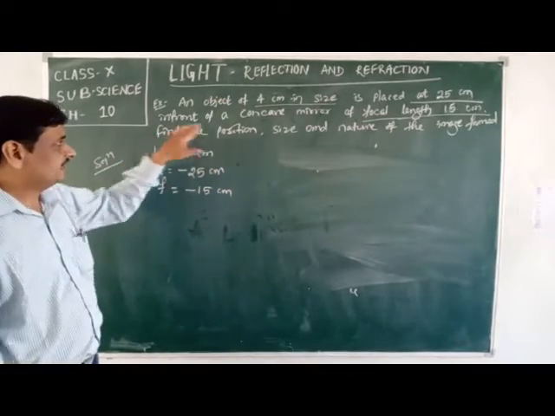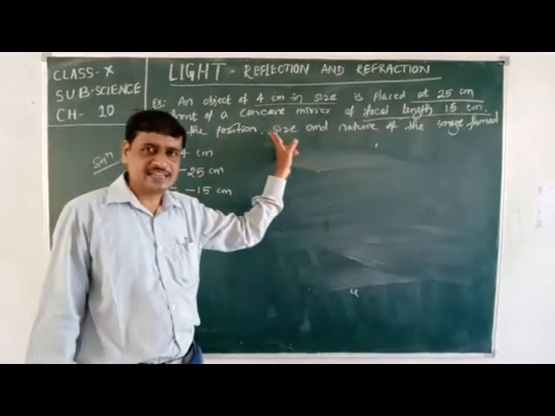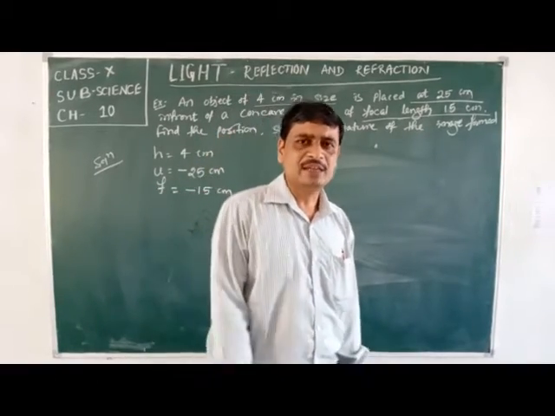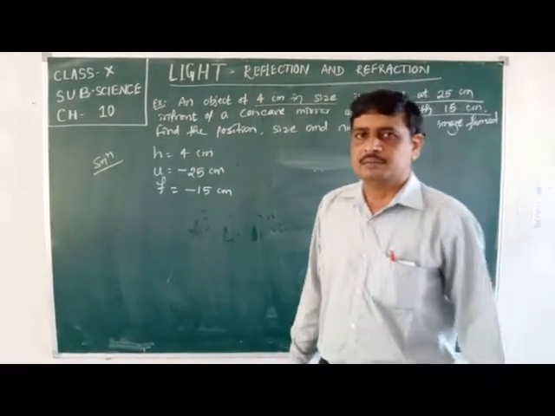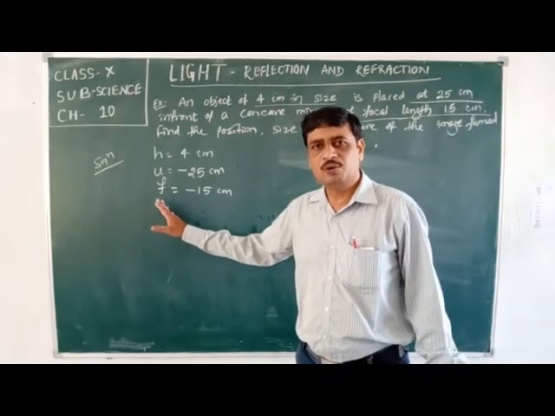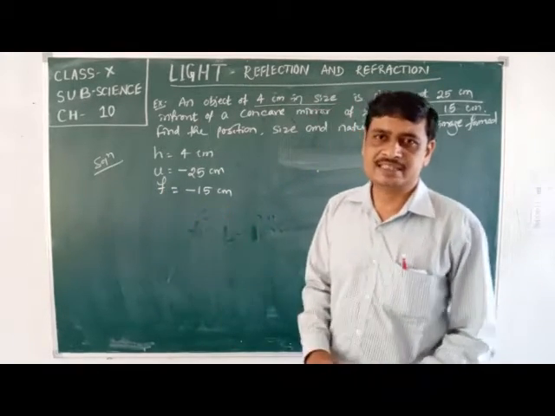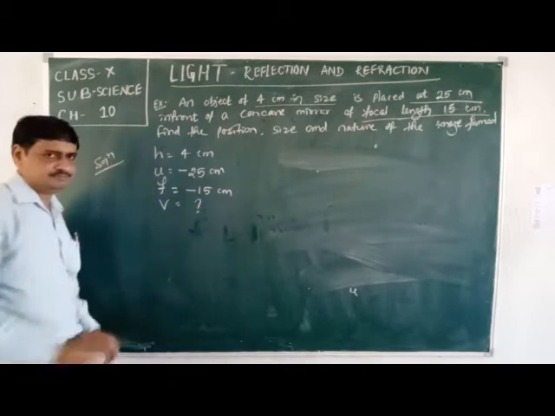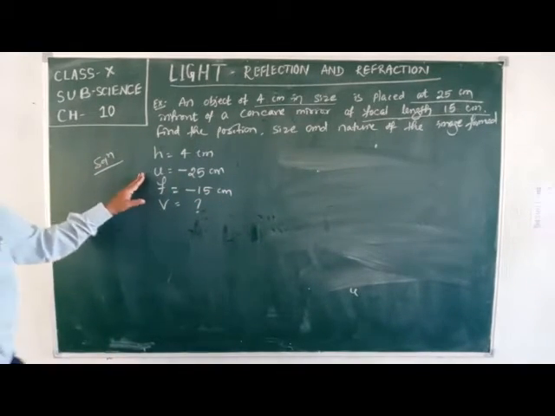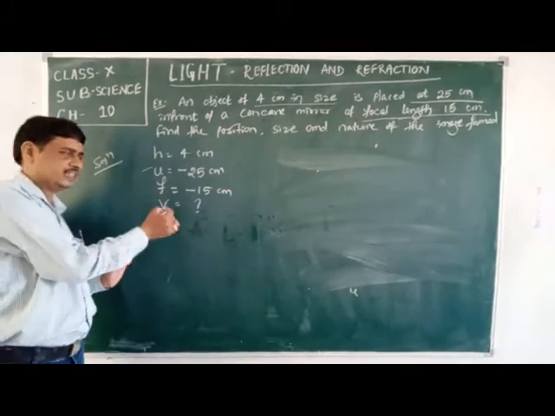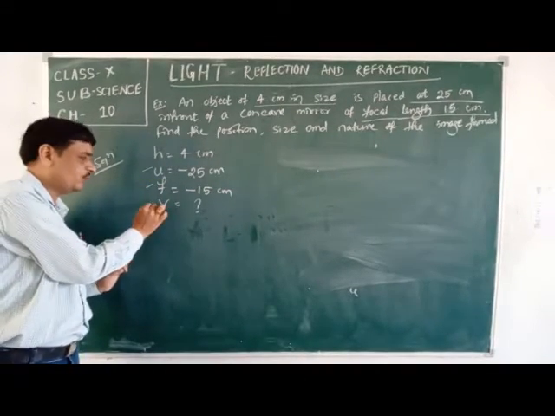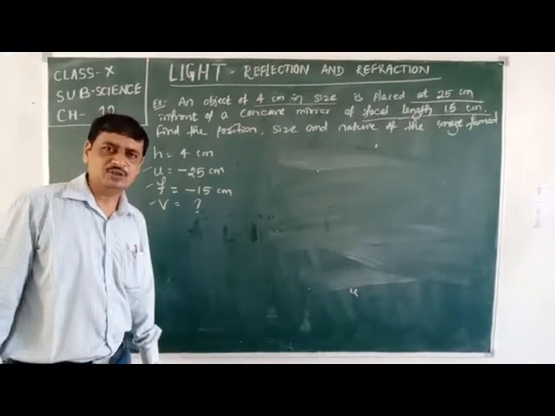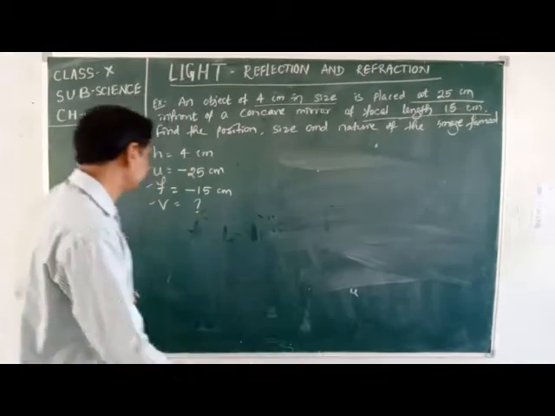Now we have to find the position of the image, size of the image and nature of the image. Position of the image means finding the value of image distance v. We have to find v here. Since the object distance and focal length are given, you can easily find the value of v by using the mirror formula.